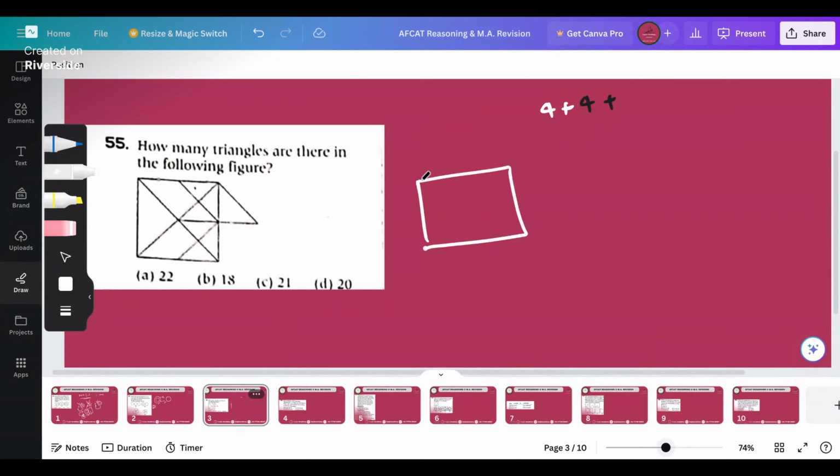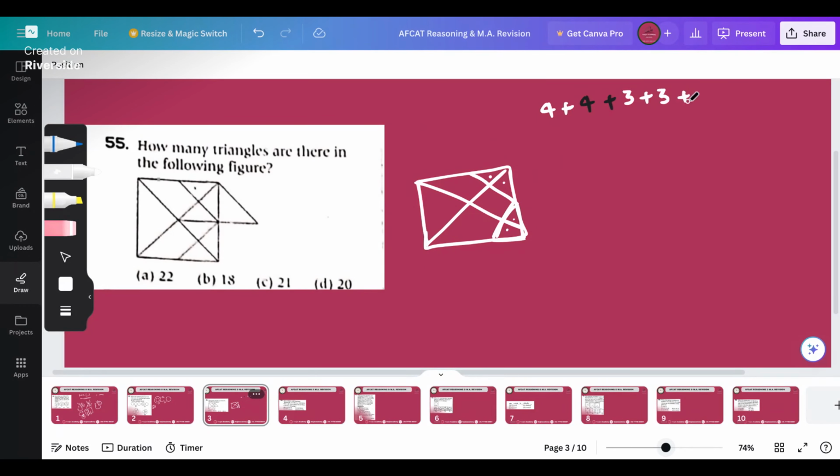This was the figure we were talking about. Up till this we are getting 8 triangles. Now introduce a new element. So 1, 2, and this entire triangle, this is 3. Write down 3, plus again introduce another element. This will give 1, 2, and 3, bigger one.